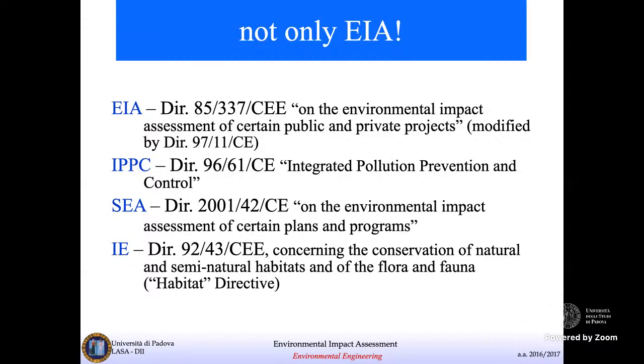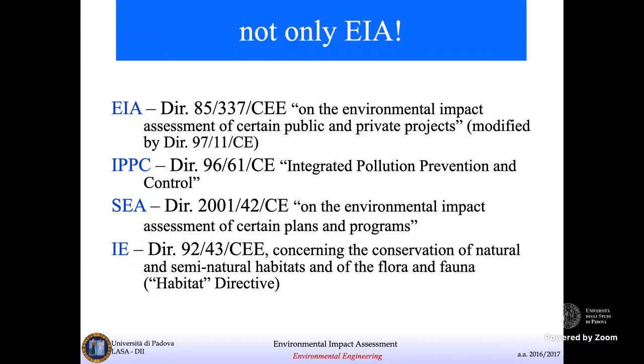Then the strategic environmental appraisal of 2001, in which there is an indication or guidelines on which projects in the planning phase should undergo an environmental impact assessment procedure. So strategic environmental appraisal is more a guideline concerning the implementation of plans.